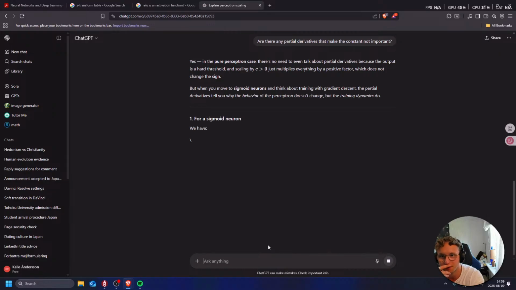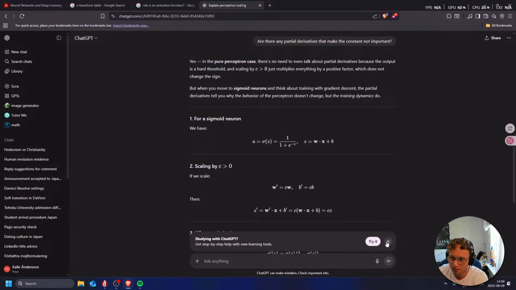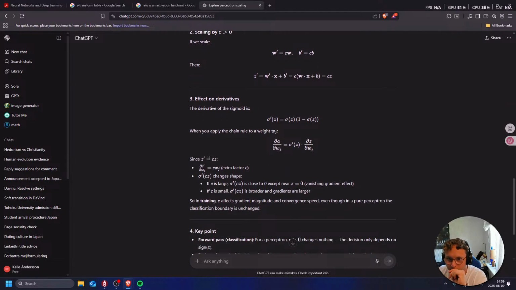Yes, in the pure perceptron case, there's no need to even talk about partial derivatives because the output is a hard threshold. For a sigmoid neuron, we scale with c. When you apply the chain rule, which we went through before, since z prime is equal to c multiplied by z, the extra factor c changes the shape of the sigmoid.